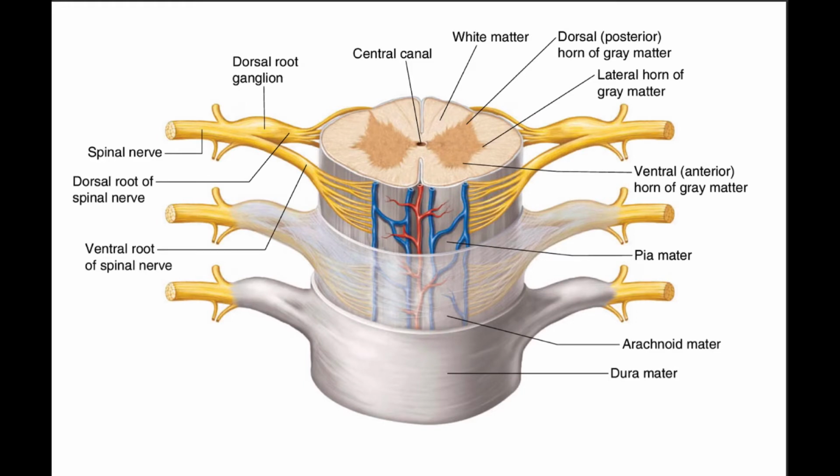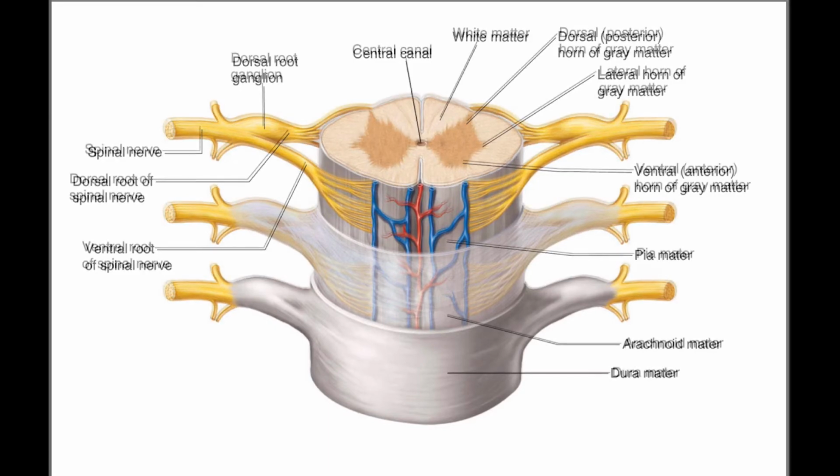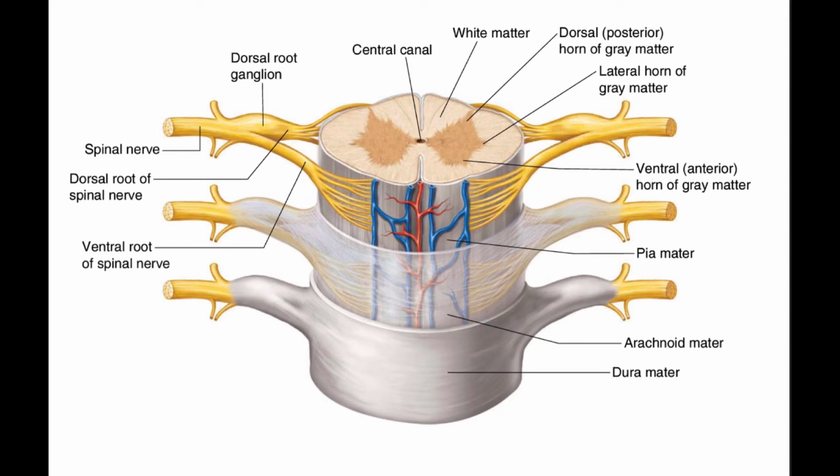In dorsal column the signals from minute sensitive details are received. That's why you have the sense of fine touch, sense of vibration and sense of 2-point discrimination in the dorsal column. So what is this 2-point discrimination?